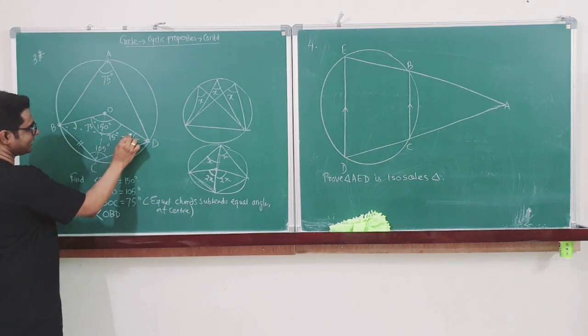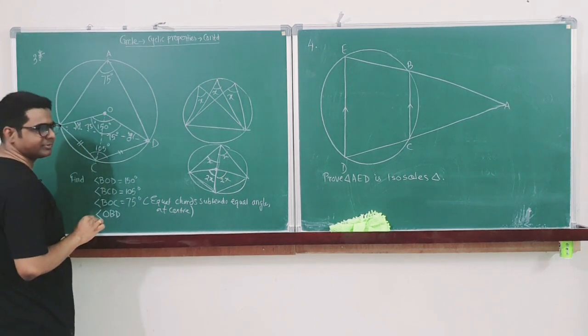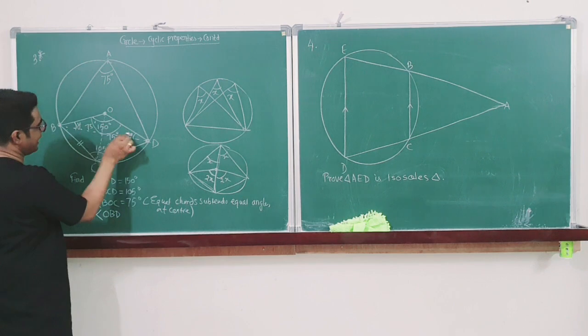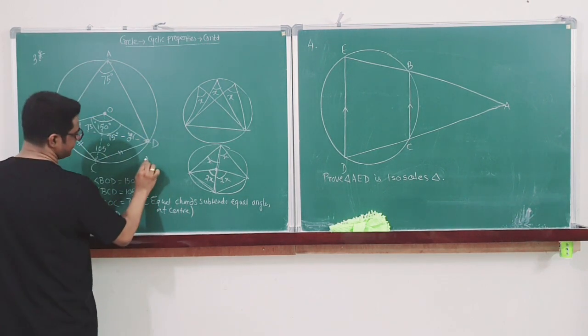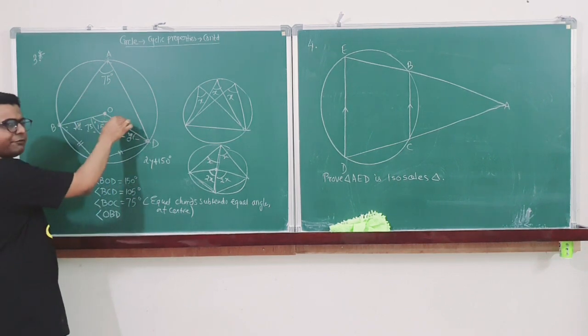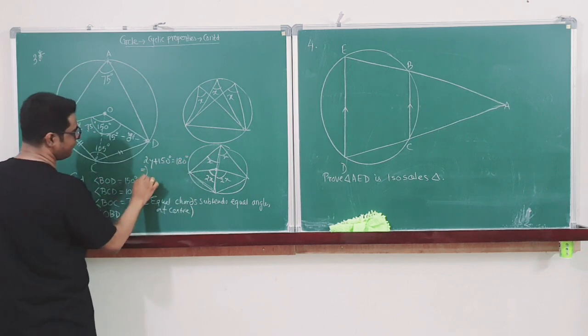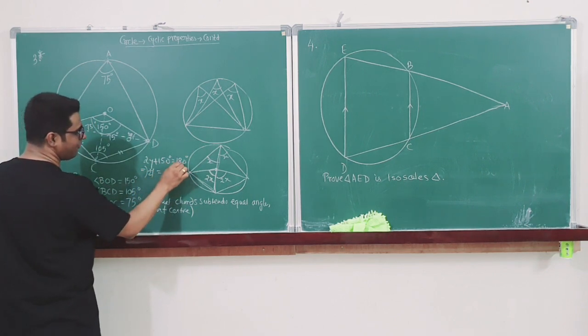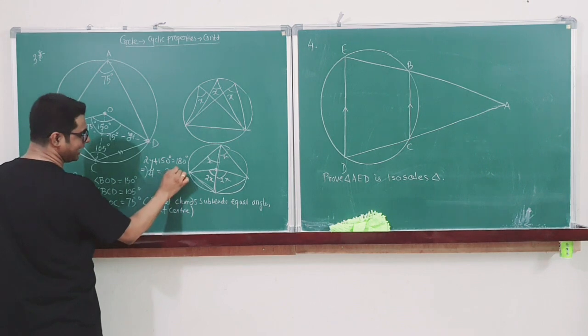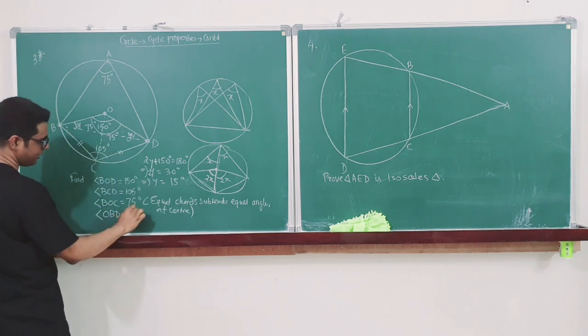If this is X, let's take this as Y, then this is also Y. In triangle OBD, Y plus 150 is equal to 180 degree. So from here 2Y will be 180 minus 150, that is 30 degree, and Y will be 30 by 2, 15 degree. So OBD will be 15 degree.